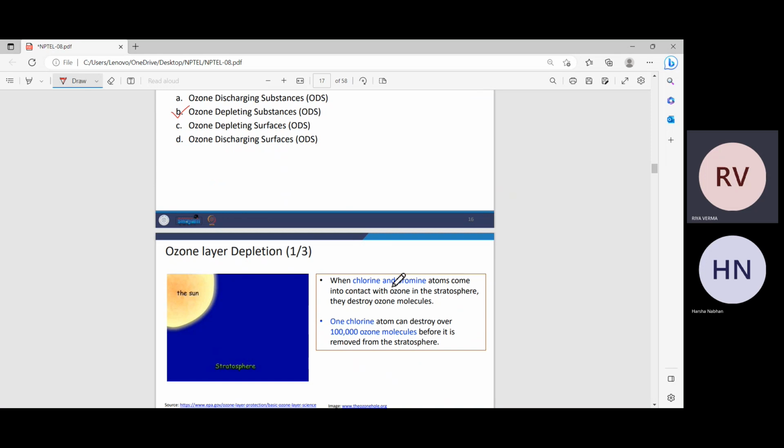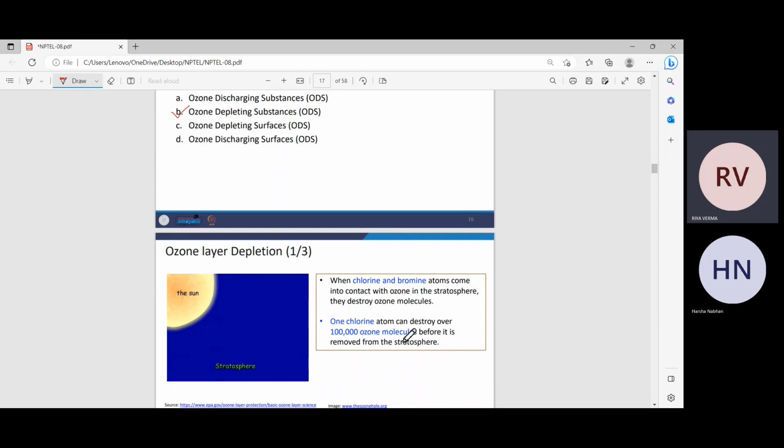Let's have a quick look at ozone layer depletion. Basically, when chlorine and bromine atoms come into contact with the ozone in the stratosphere, which is a thin layer of gas that protects us from the harmful UV rays emitted from the sun, they react with it and further destroy these ozone molecules.